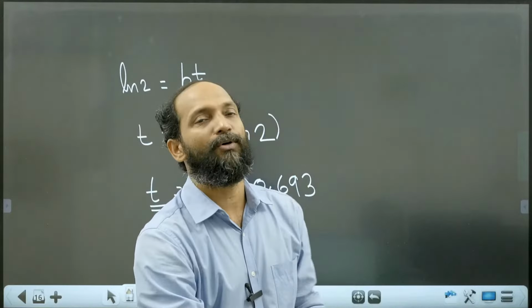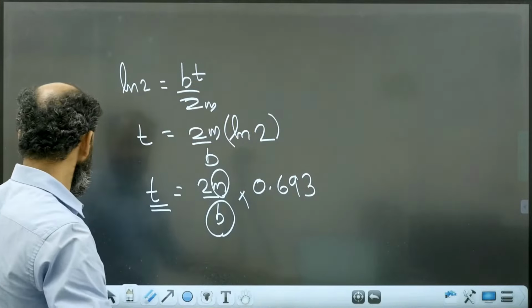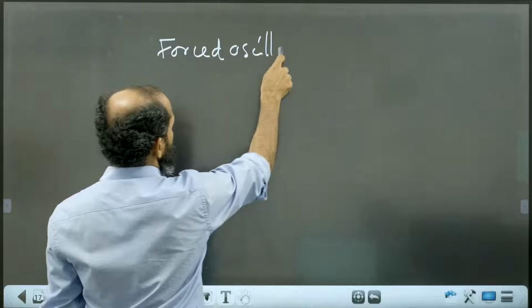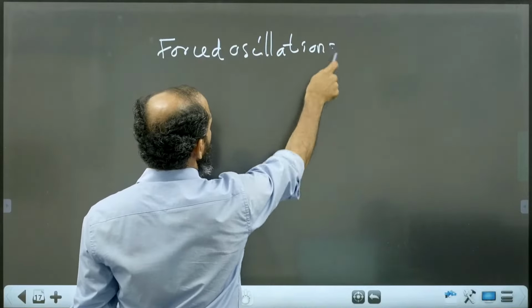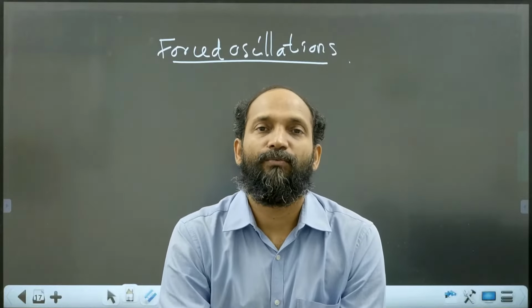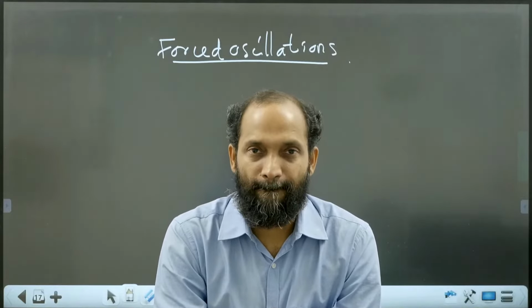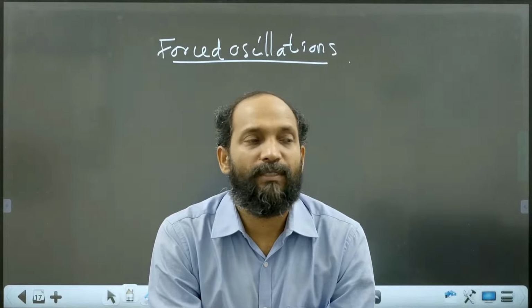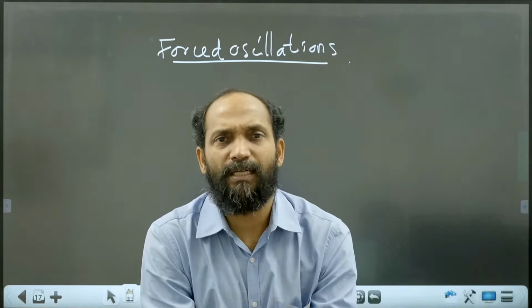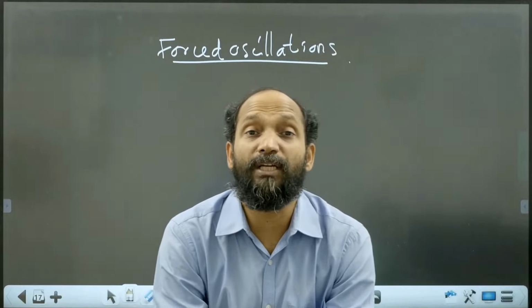the undamped oscillations. Okay. Now, forced oscillations, that is the last topic. Forced oscillations and resonance. What are forced oscillations? We have learned that every oscillating body has its own natural frequencies.